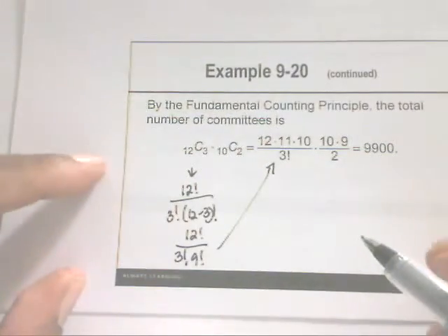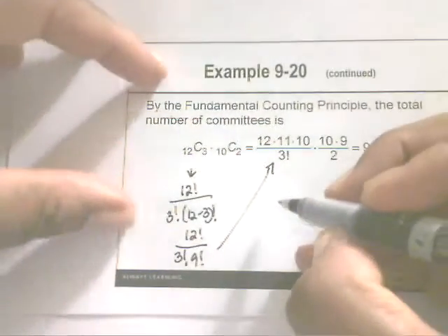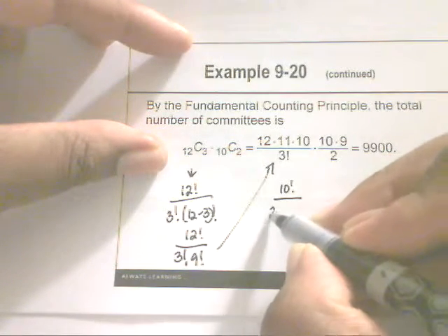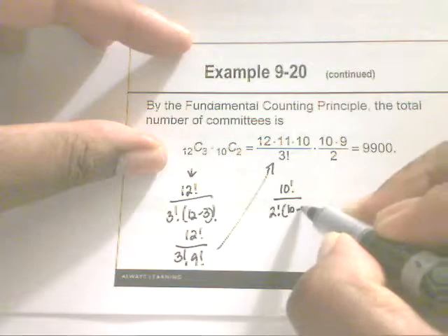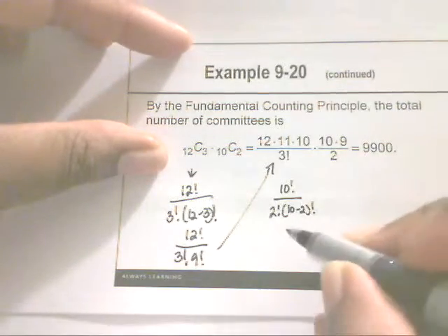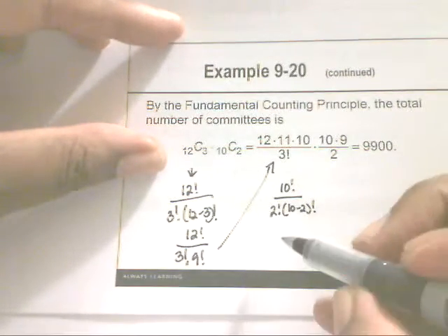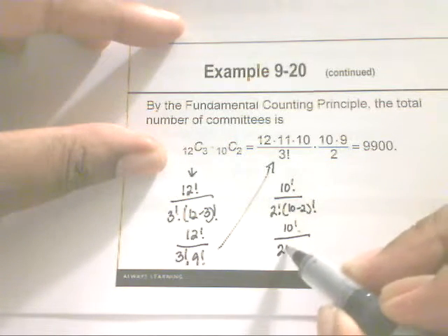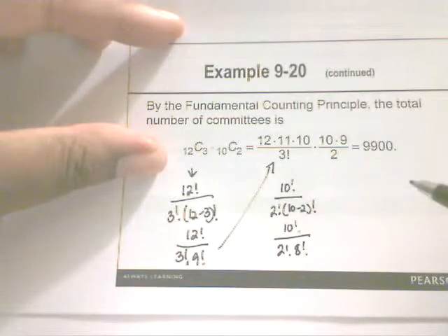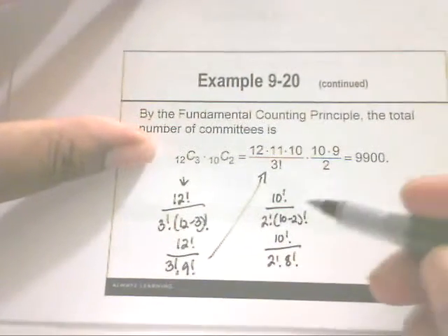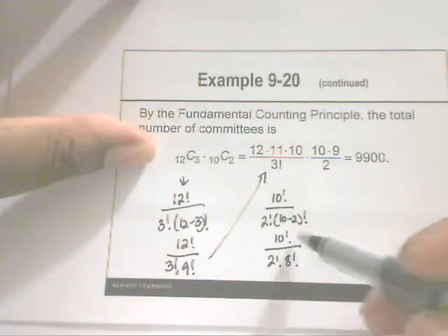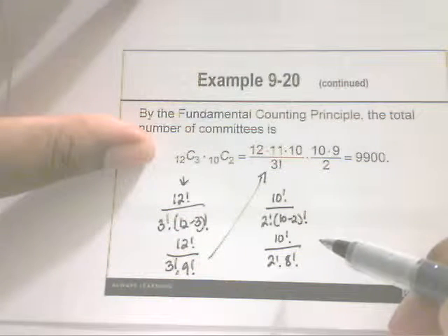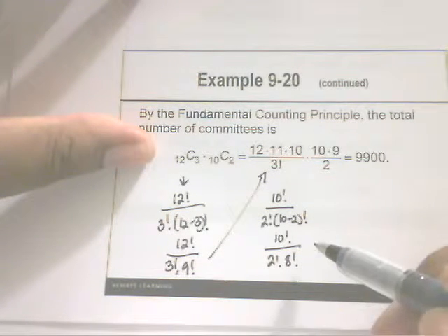And then for the 10C2, that's 10 factorial divided by 2 factorial times 10 minus 2 factorial. So in this case, you have 10 factorial divided by 2 factorial times 8 factorial. But if you expand 10 factorial to 10 times 9 times 8 factorial, we can divide out the 8 factorial.